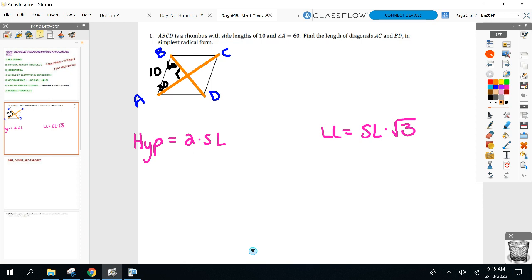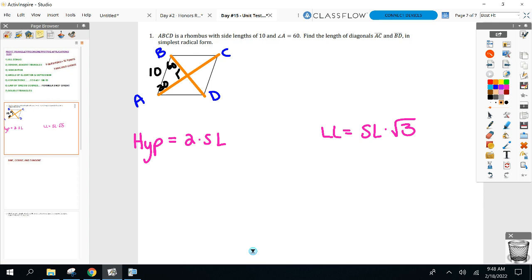So AC is 15 here, but if this one is 15, then the whole thing would be 30. So AC would be 30. If the hypotenuse is 10, it equals 2 times the short side, so divided by 2, that equals 5. And then the other one is times radical 3.